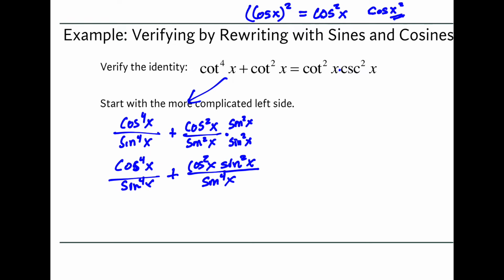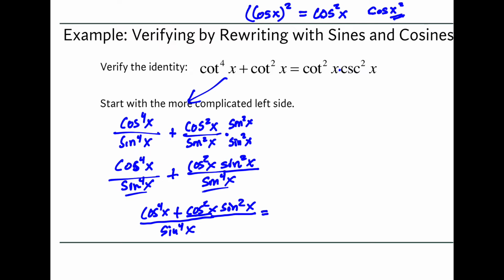And this is sine to the fourth x. So we have matching denominators. Let's go ahead and write these as one single fraction with one sine to the fourth x on the bottom. I have cosine to the fourth x plus cosine squared x sine squared x. And I notice here that both of these have at least two cosine squared x's.